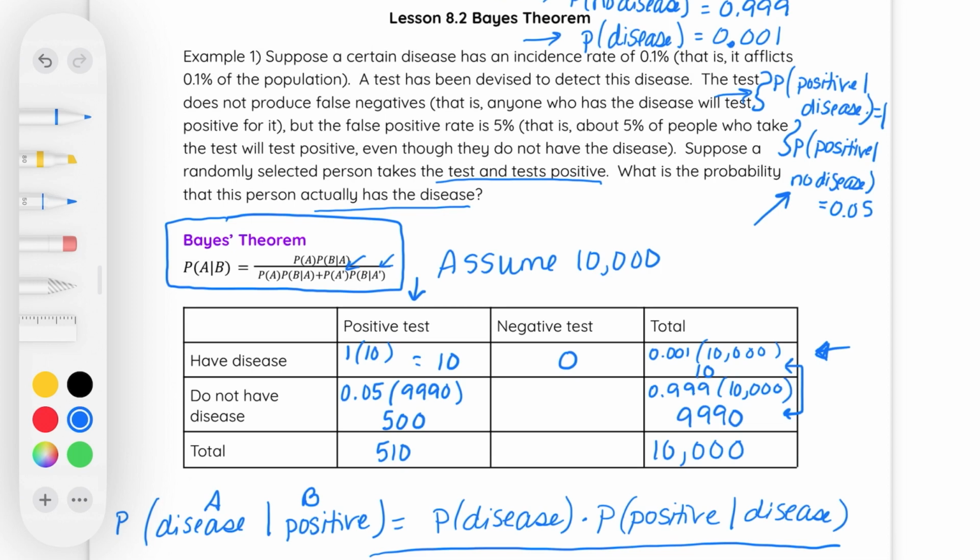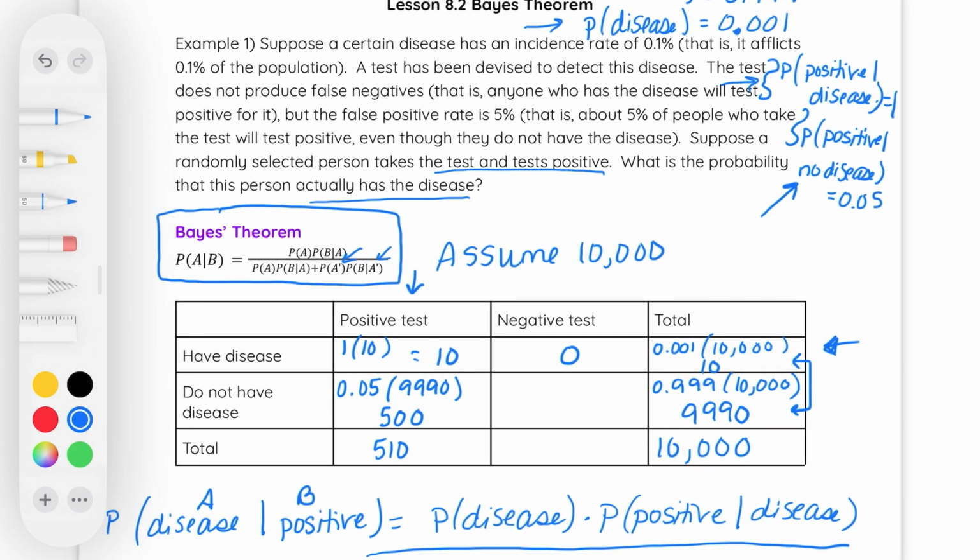I don't know any other decimals, although I could certainly determine what they are, but I do have enough information to fill my table because I know that 510 plus this has to give me 10,000. So this cell has to be 9,490, and then this would also have to be the same value in order to make the column true as well.